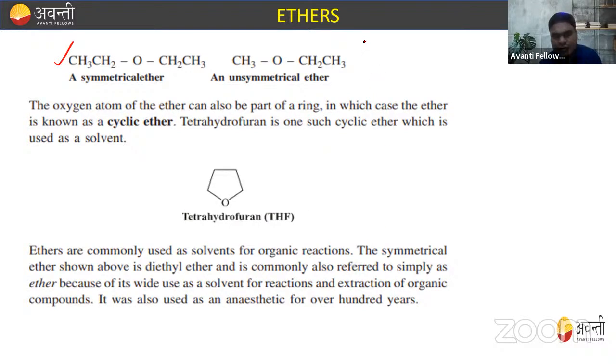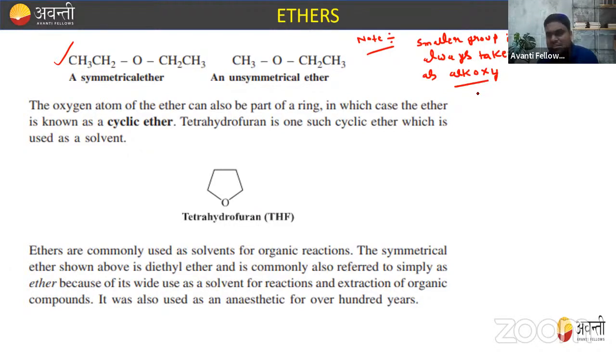I'll give you one important note here, beta. Those who are facing problems in naming their ether compounds, always remember: the smaller group is always taken as alkoxy and the bigger group is taken as alkane.